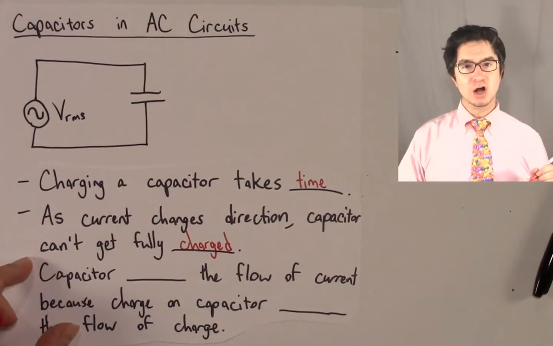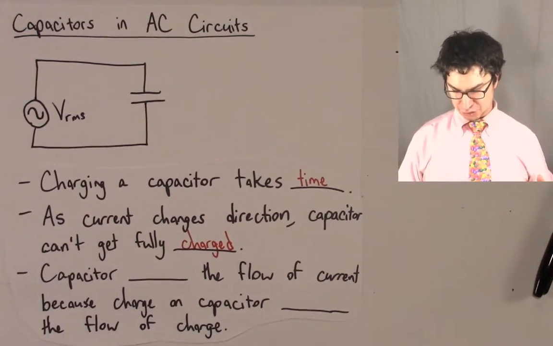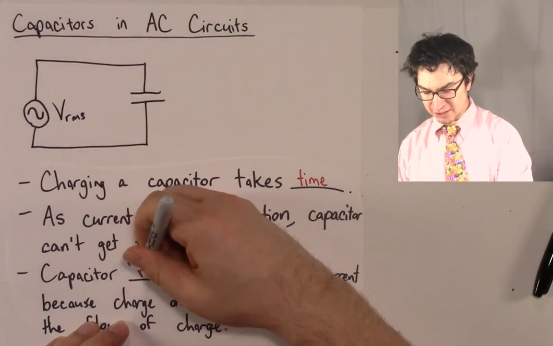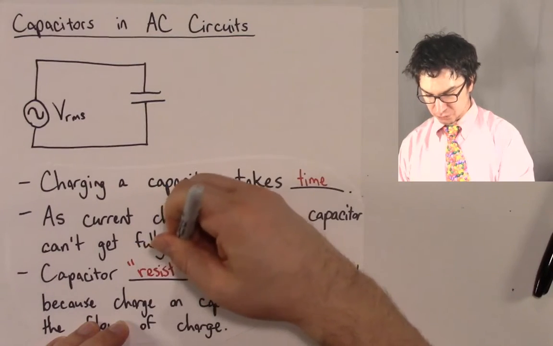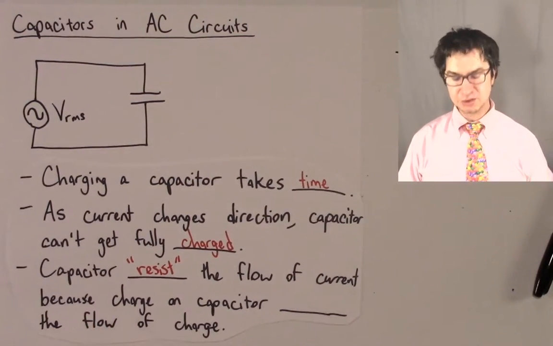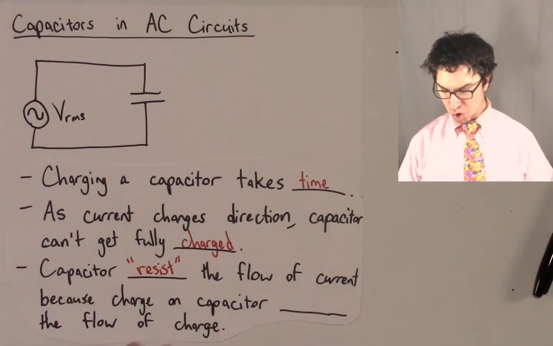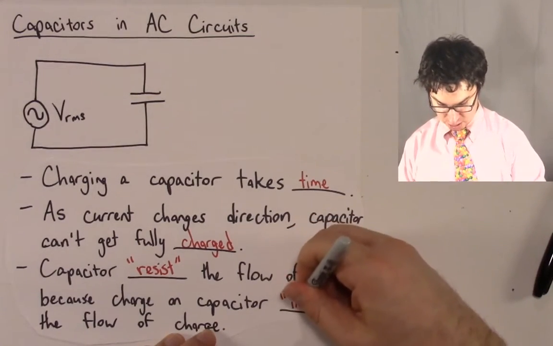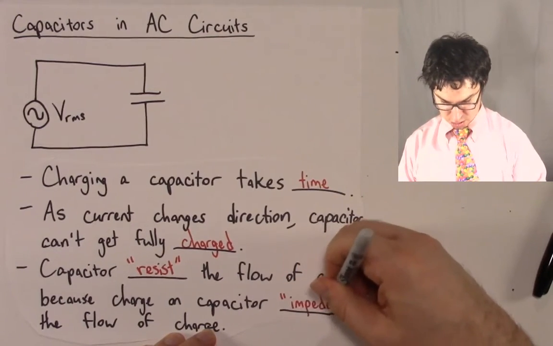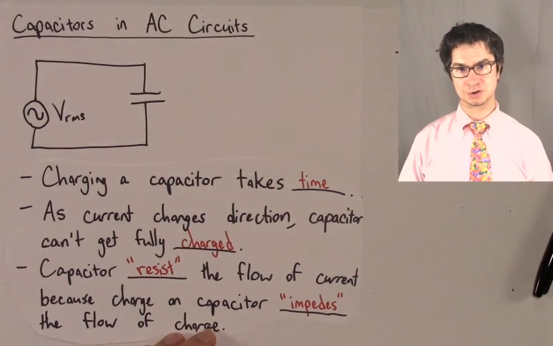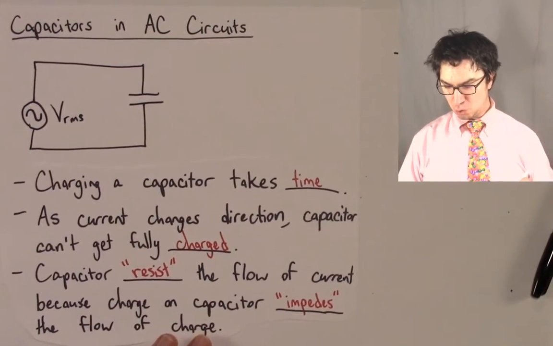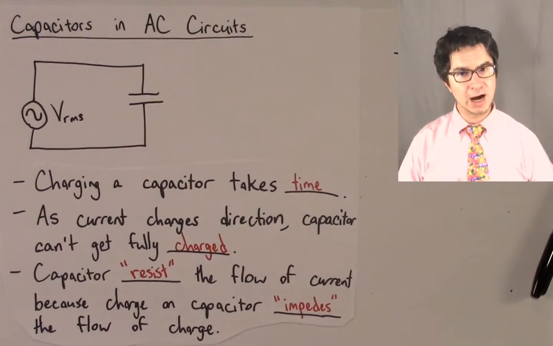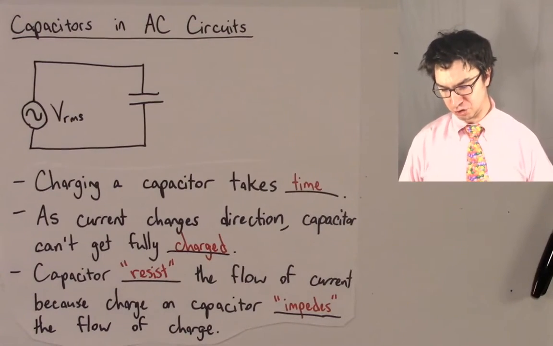And the capacitor will actually, I'm going to put this in quotes here, it will actually resist the flow of current because the charge on the capacitor blocks, or you could say impedes, the flow of charge. Okay? So we have to think about capacitors as kind of opposing or blocking the flow of current in a circuit.